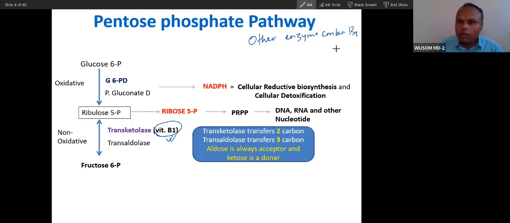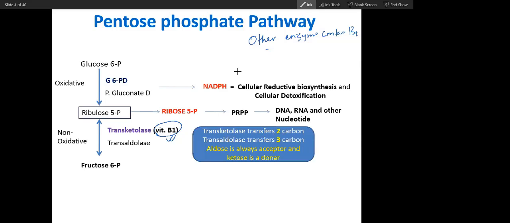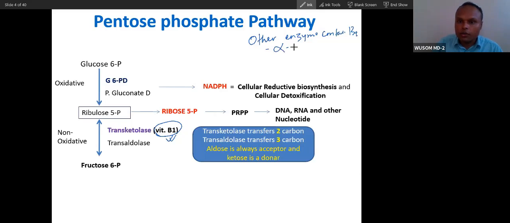Try to be quick. Alpha ketoglutarate, very good. Alpha ketoglutarate dehydrogenase. And then also pyruvate dehydrogenase. And the third is branched-chain keto acid dehydrogenase, BCKAD.